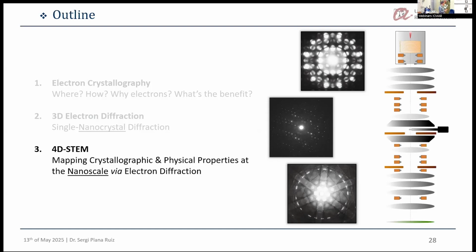From cement, we can go beyond the typical structure solution with incommensurate modulated structures. And with minerals, or layered materials, we can understand a bit more of what's happening between these weakly bonded layers. So now it's a different technique, and this is the one called 4D-STEM.